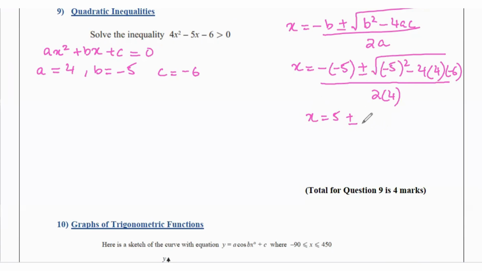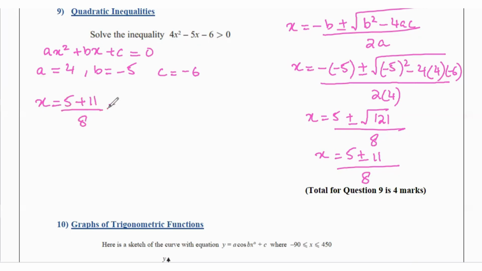That's 121. 121 is a square number, which gives us 11 if we square root it. Now, when we have plus or minus here, we split it into two different fractions, where one gives us x equals 5 plus 11 over 8, which is 2, and x equals 5 minus 11 over 8, which is negative 6 over 8, and that's negative 3 over 4.